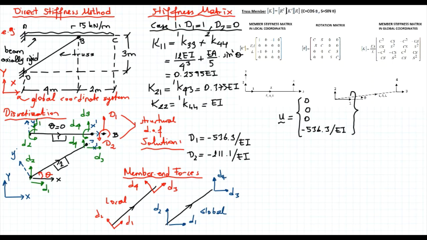So that's the displacements in the global direction. How can I obtain the displacements in local directions? Because if I know what d1 and d3 are, I can directly calculate the axial force on this truss member. We know that U prime, the displacements in the local coordinate system, is equal to the rotation matrix multiplied by the member end displacements in the global coordinate system. This is our global to local transformation.